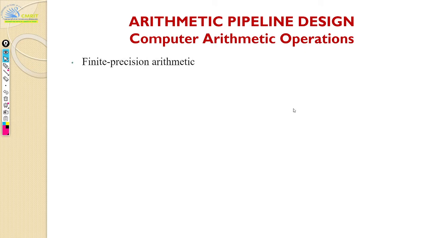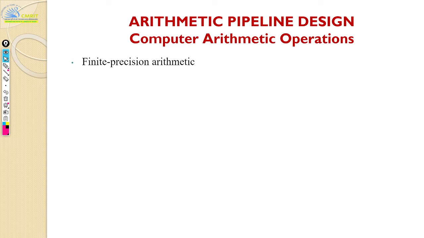First, we will have some basics, or more like a refresher about arithmetic. In computers, we only have finite precision arithmetic. However, in the real world, that is not the case. For example, if you do 1 divided by 3, in the real world the output will be 0.333333, and it just goes on forever to infinity.